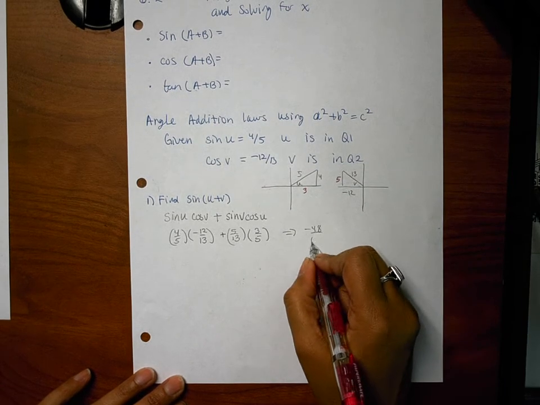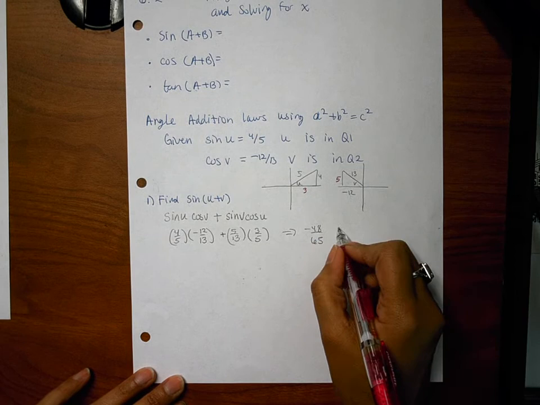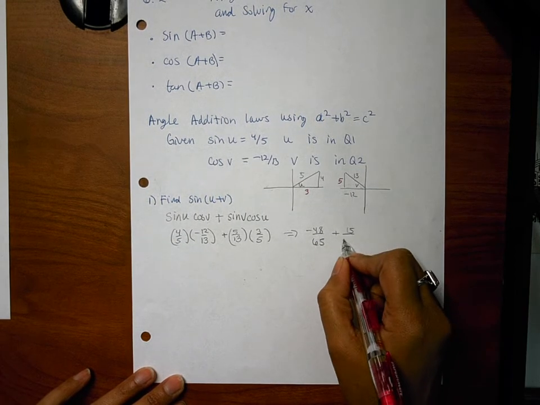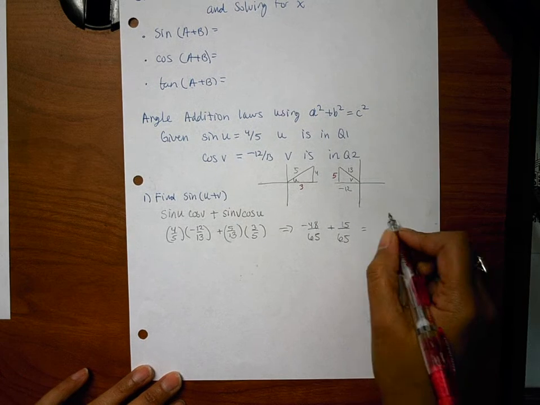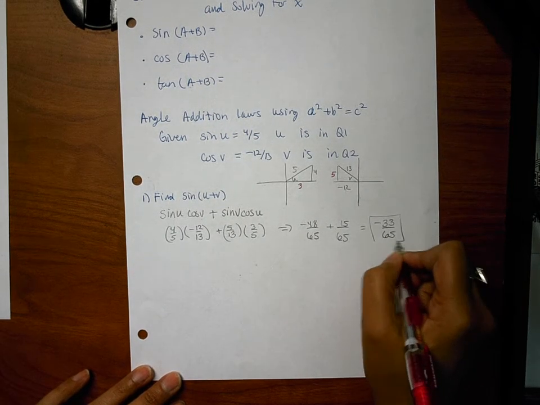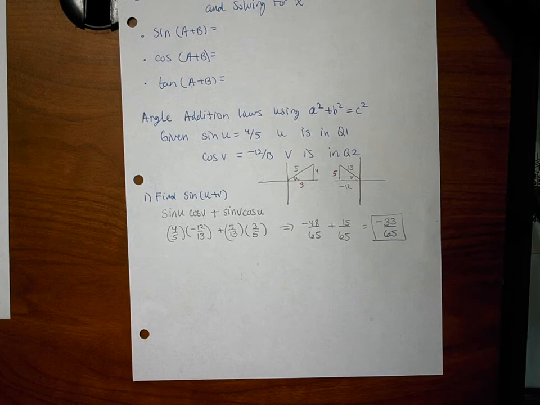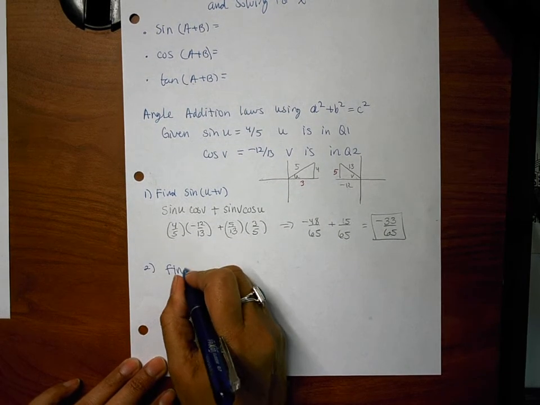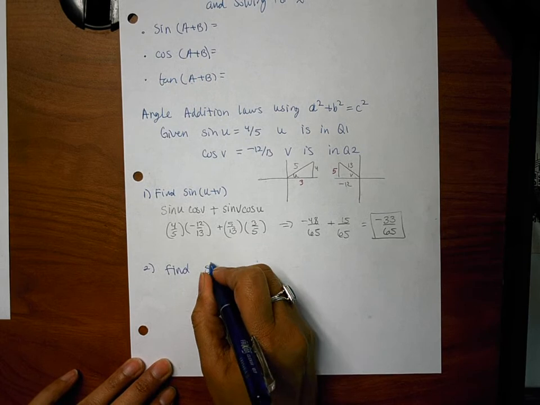And you work it out. That gives you -48/65 plus 15/65, which equals -33/65. Final answer.